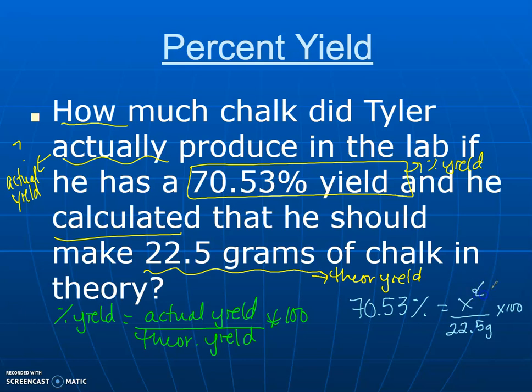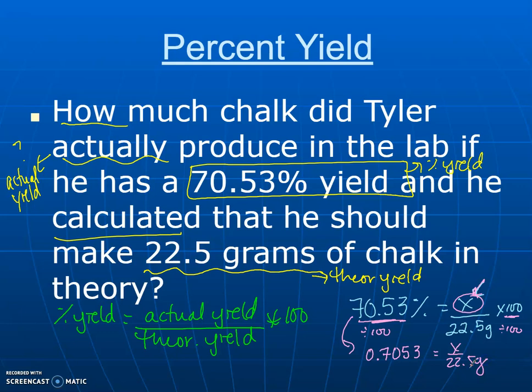Okay, using algebra, we are going to figure out what our numerator is going to be. So in essence, we need to get rid of this percentage by dividing both sides by 100, which is turning this into a decimal. So 0.7053 equals x over 22.5 grams.